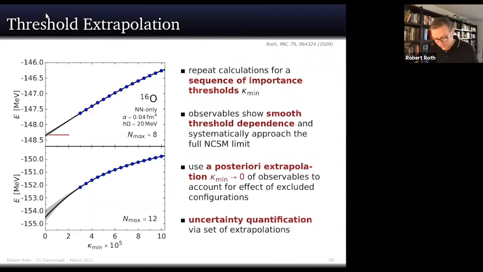And this is for Oxygen 16. Just again, the Nmax 8 example, because there I have the exact value in the full NCSM, that is this red line here. The blue symbols are results from different NCSM calculations with different importance thresholds. So the kappa min is down here. And you see that this is a very smooth dependence on this kappa min. And if you look at the scale here, you see that the change is tiny.